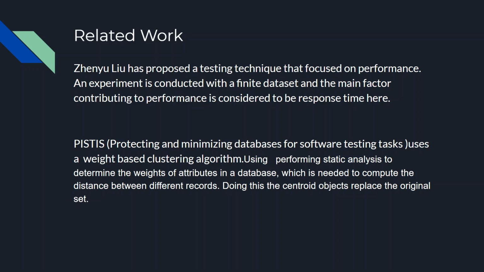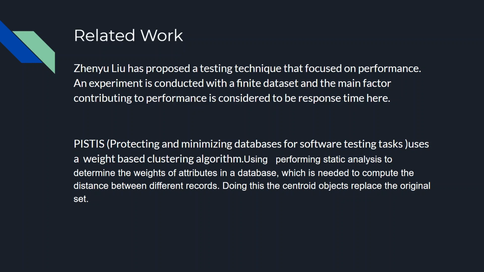Hi guys, I am Meenakshi. I am going to explain the related works. The protecting and minimizing database for software testing task uses a weight-based data clustering algorithm which partitions data in the databases and uses information obtained from program analysis that describes how this data should be used by the application.